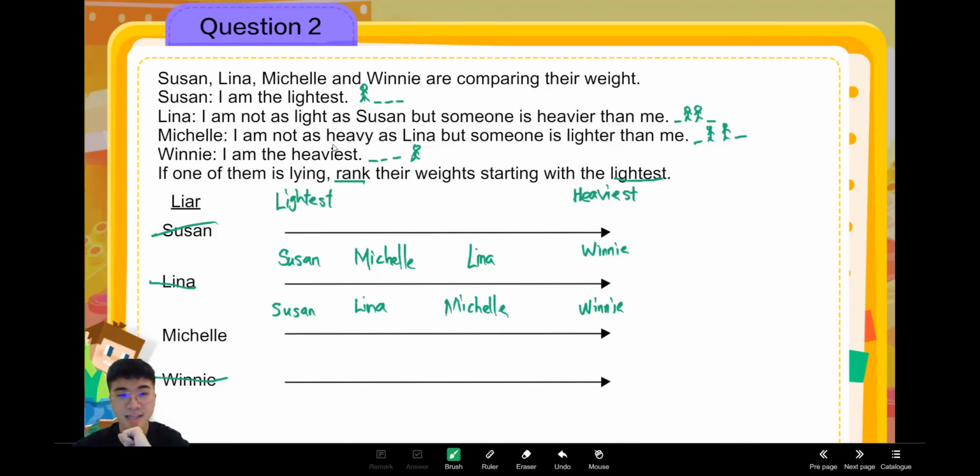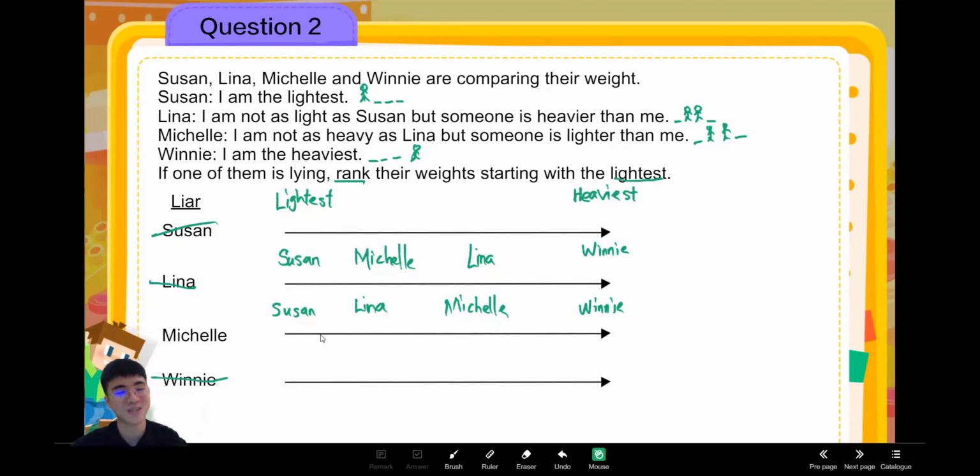I'm not as heavy as Lina. Hey, she's supposed to be lighter than Lina if she's telling the truth. But if she lied, then she will be heavier than Lina. And someone is lighter than me. So either one of these pieces of information is fake, then she's lying. Okay? So there is only one liar, which is Michelle.